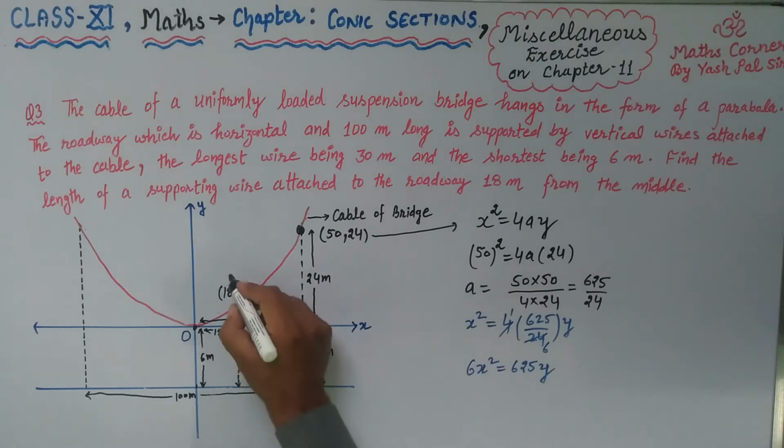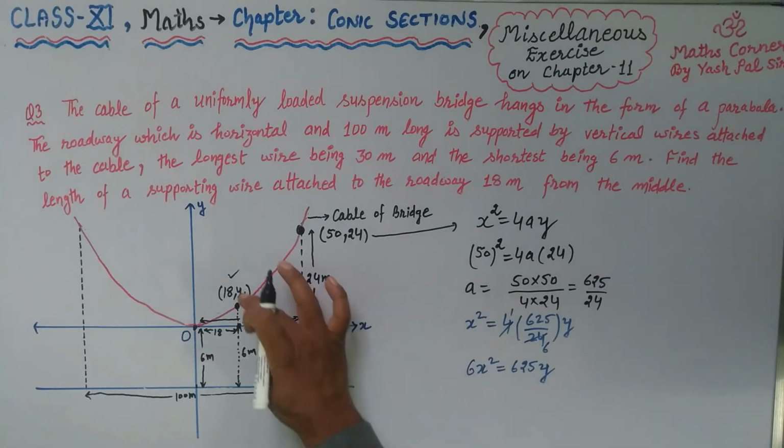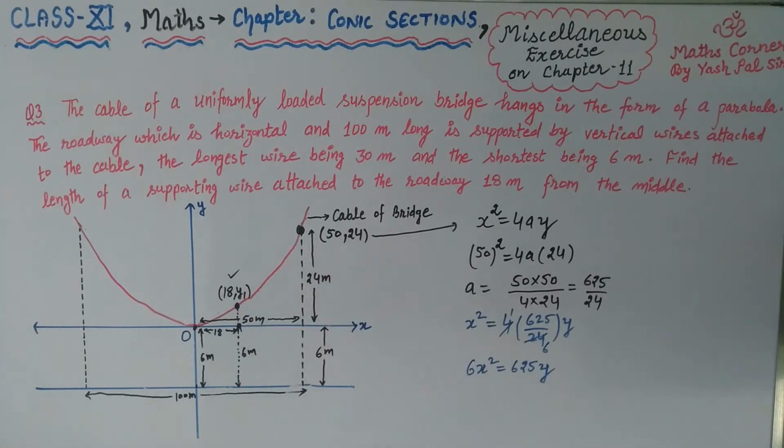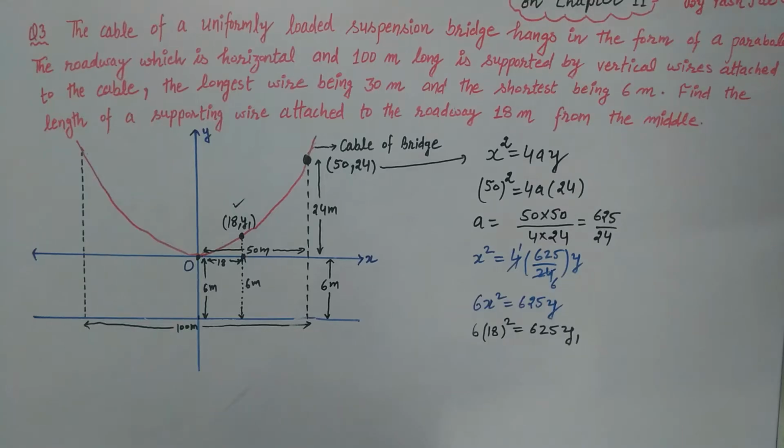Okay, now we substitute this point here. We need to find the value of y1. Okay, so we have 6 into 18 whole square is equal to 625 into y1. Solving this, now we can write this as y1 is equal to 6 into 18 into 18 divided by 625.